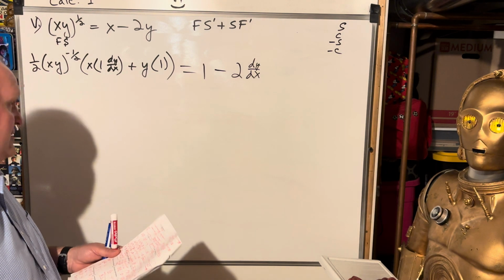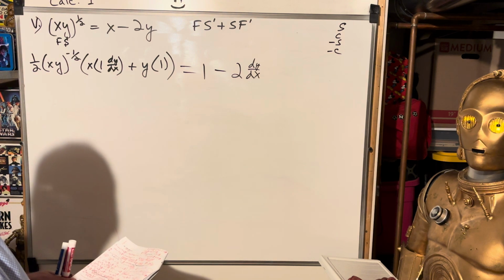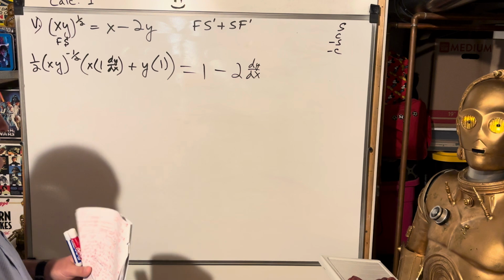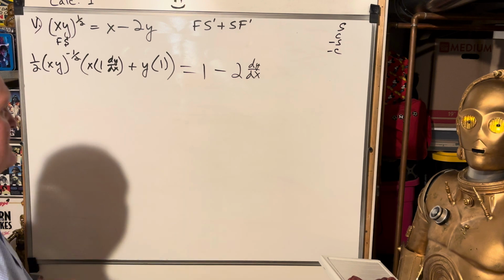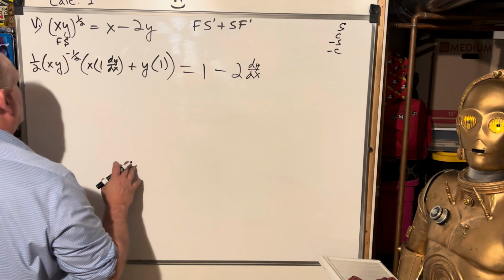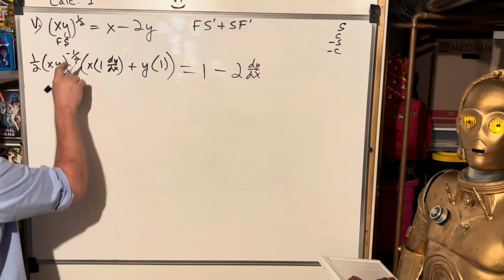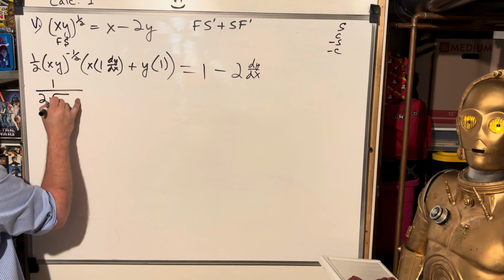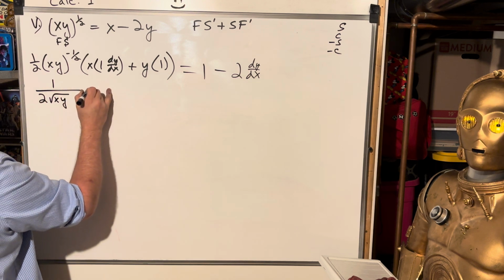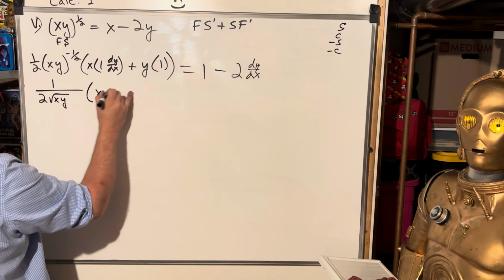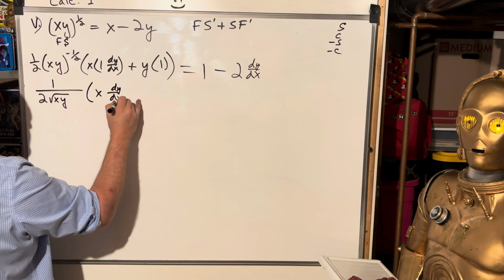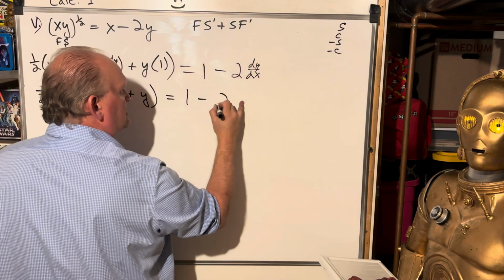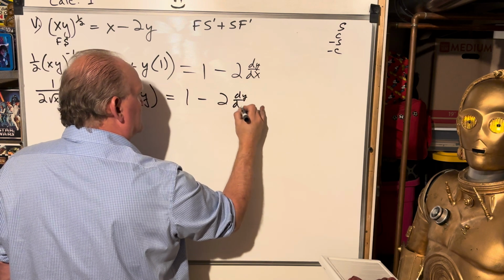Oof, and now we're going to have to solve for dy dx. And that's going to be a little messy. So let's clean this up a little first. So this is 1 over 2 square roots of x, y, and that is times x dy dx plus y. And that still equals 1 minus 2 dy dx.